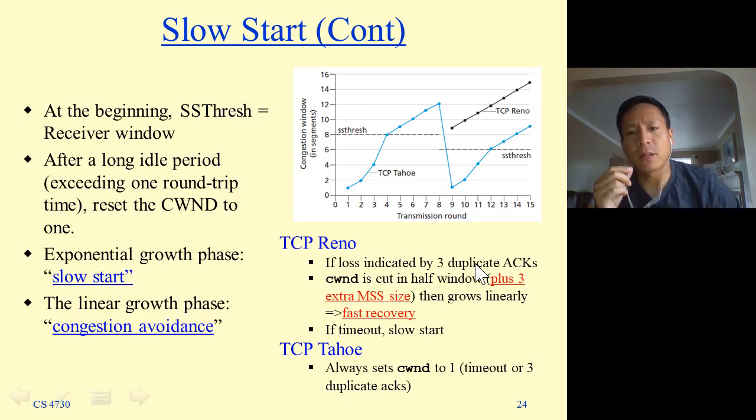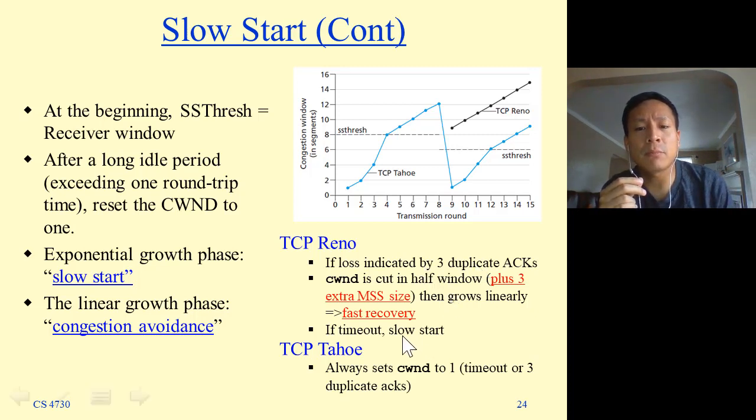For example, one packet is lost, and you don't want to wait for timeout, right? If it's a timeout, then you definitely have to do a slow start, right? But if you receive, for example, 3 duplicate acknowledgements, we want to do fast TCP retransmit, remember?